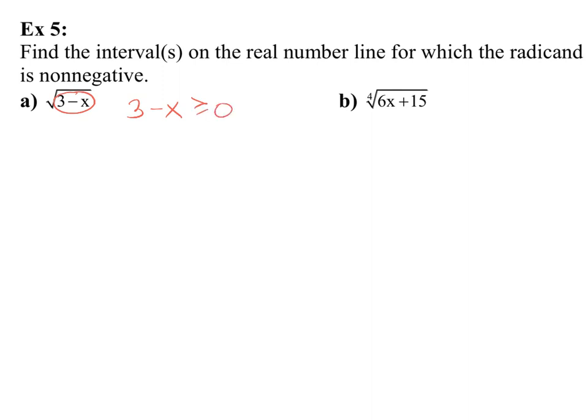Because this has to be positive, which means it's greater than or equal to 0. That's the only way you could take the square root of it. Now I isolate the variable. Divide by negative 1. X is less than or equal to 3.